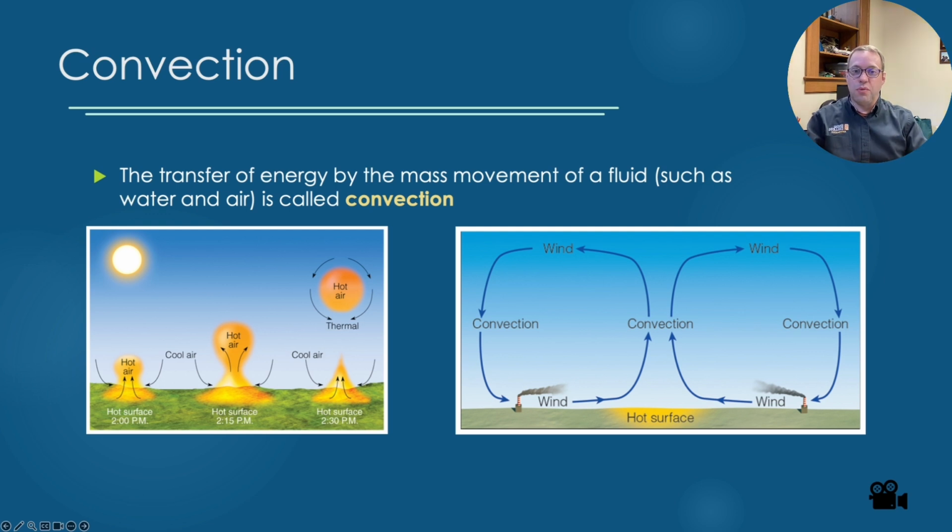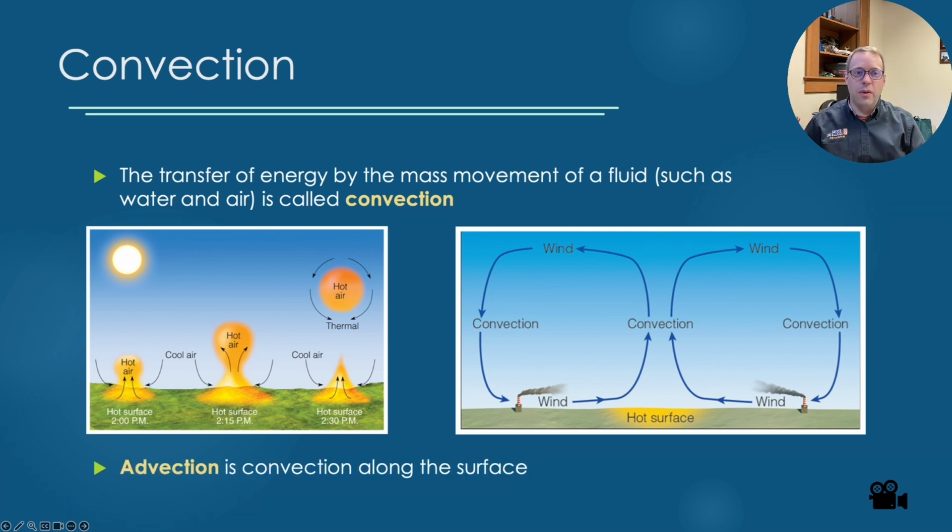The thermals are going to rise, so air is going to rise up that way, and then they're going to spread outwards, and then air is going to be pulled back in beneath at the origin of that thermal. So you end up with this convection cycle. In the next video I'm going to show you a convection cycle. We'll go to the physics lab and I will show you a convection cycle actually happening.